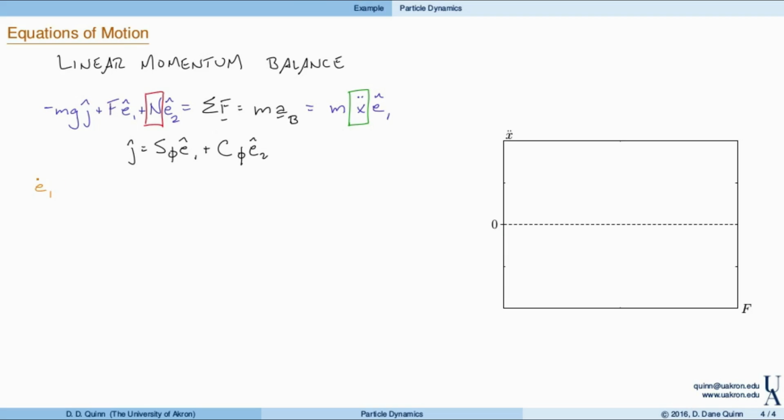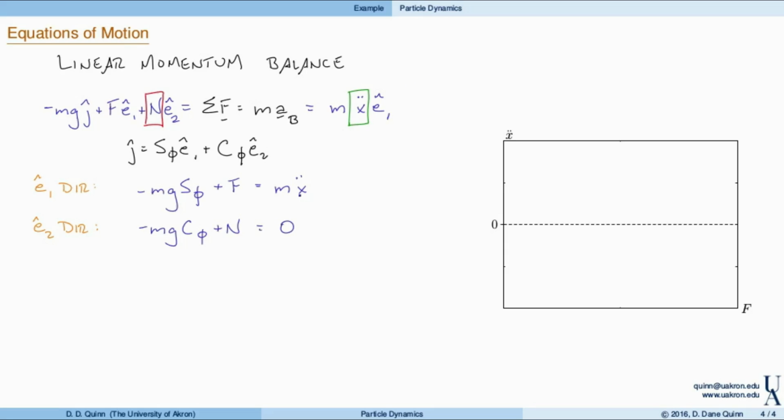So in particular, in the E1 direction, we find minus mg sine phi, right, that's this piece, plus F from here equals m x double dot. While in the E2 direction, this reduces to minus mg cosine phi, and then plus N equals 0. Notice there's no component of acceleration in the E2 direction.